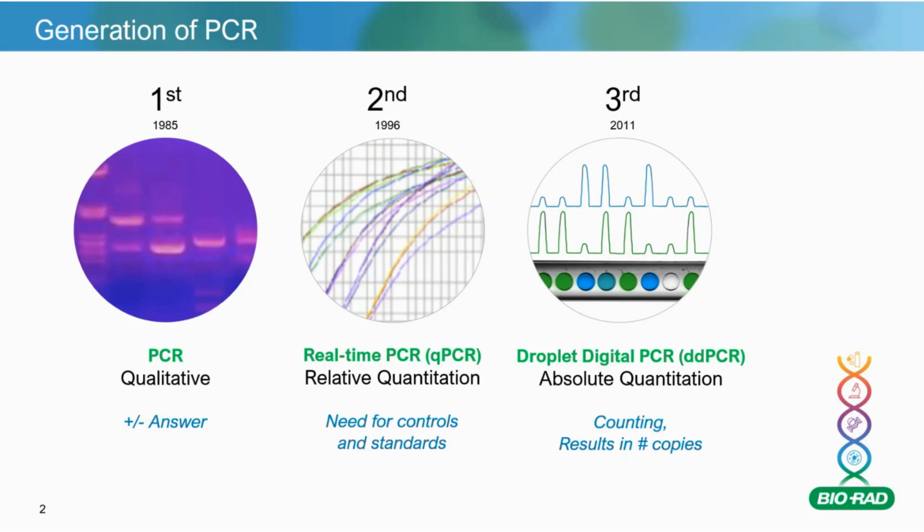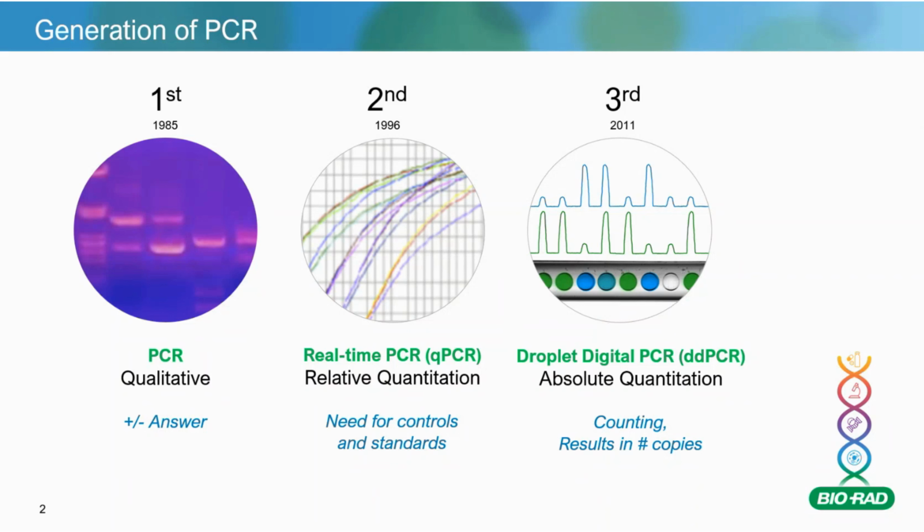But it didn't just change the detection with fluorescence, it changed the detection point. In endpoint PCR, you're detecting your results at the end, but in real time, you're detecting at the exponential phase. That's why in real-time PCR, you need to do a lot of things to make sure your results are accurate. Some of those things are looking at your E-value, or your efficiency. That's just a measure of the doubling each round, to make sure that your reaction is doubling as it should in a PCR reaction.